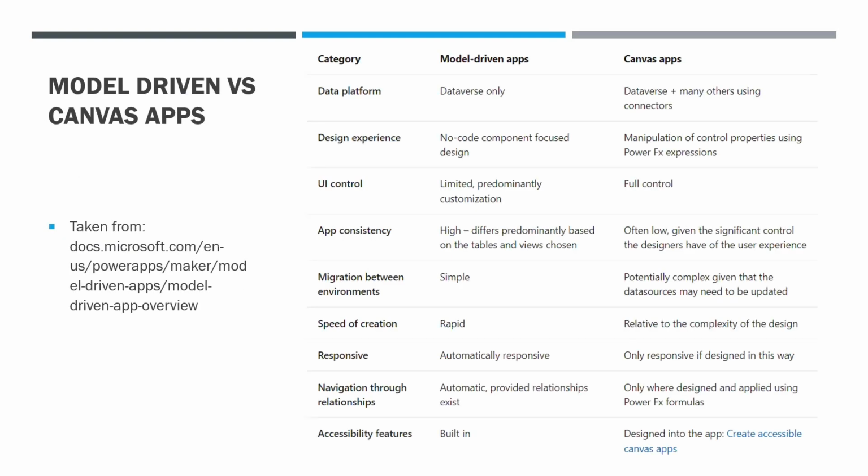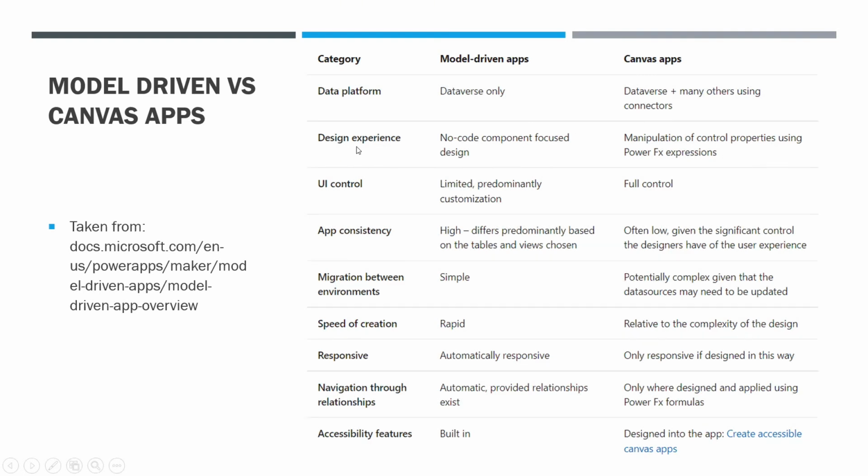Okay. So this is taken from the Microsoft documentation, and this is differentiating between the model-driven app and the Canvas app. Model-driven app can only serve data from Dataverse, whereas Canvas app can use any data source. So in our case, we have used SharePoint. We have used on-prem SQL Server, and you can use many other data storage connectors.